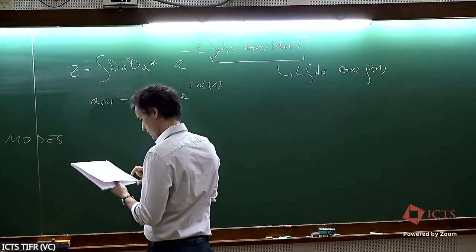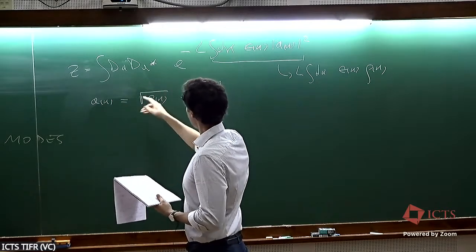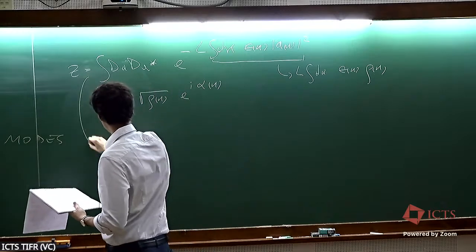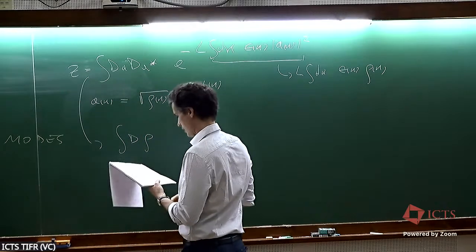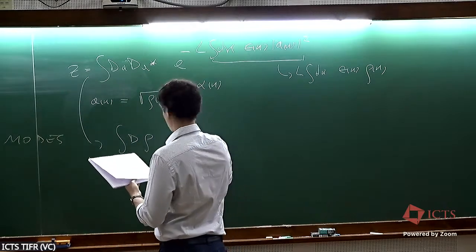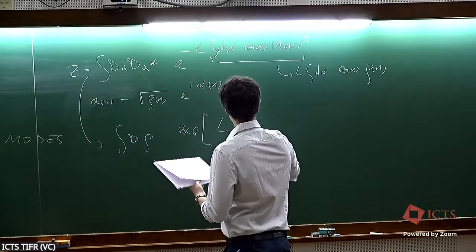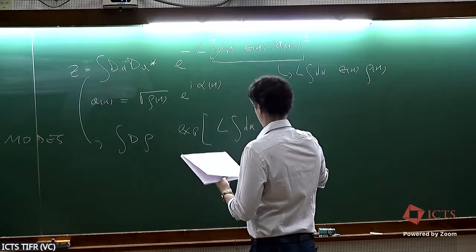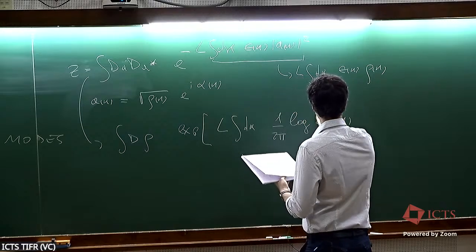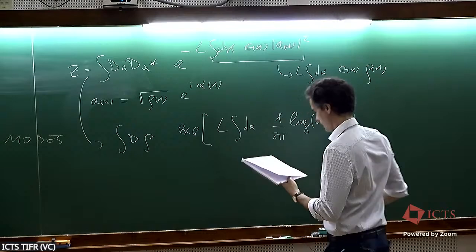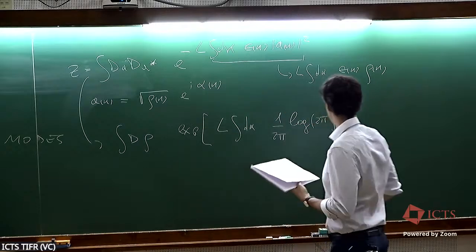If you plug it in the path integral, integrating the angle, you're going to find this change in the path integral. Of course, you have to be a bit careful. The 2 pi's are coming from the integration of the phase, and this is coming from the fact that you get a 1 over rho factor coming out of the Jacobian.